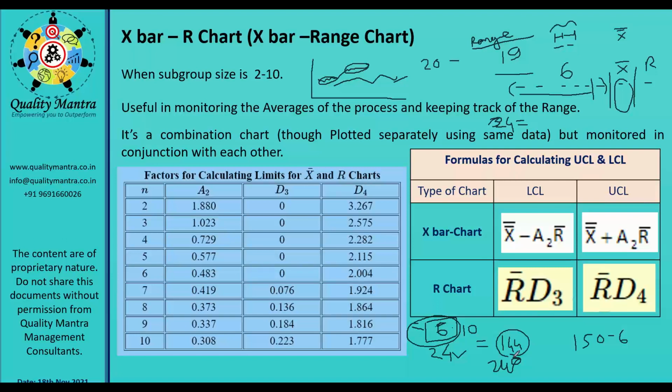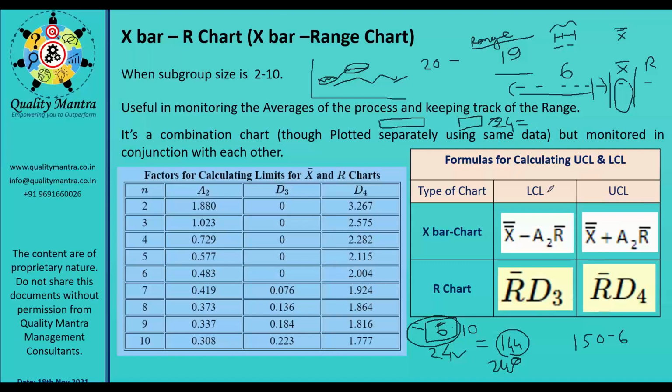It is not going to give you any indication. That's why in such cases we use the X bar R chart. Instead of plotting so much data, you concisely plot the averages of the subgroups and the range of each subgroup.